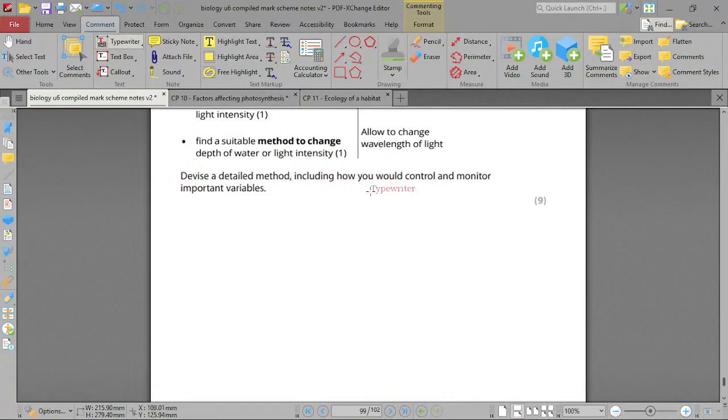Now devise a detailed method for how you could control and monitor important variables. So it's the same exact thing.